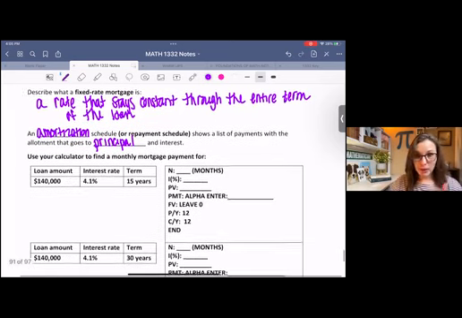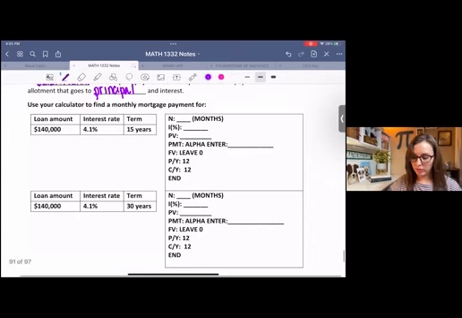So before we get into that, let's talk about monthly mortgage payments. And we are going to use our TVM solver in our calculator to figure this out. So we've got a loan with an interest rate and a term.